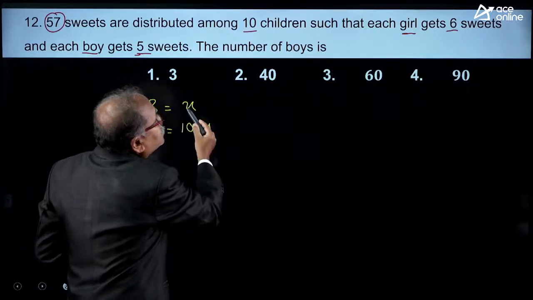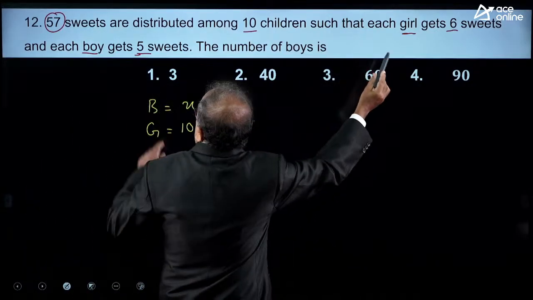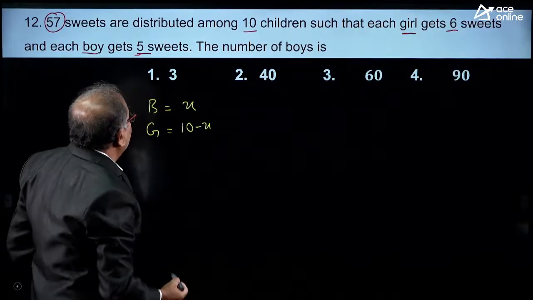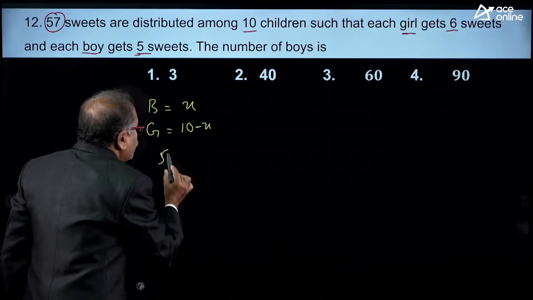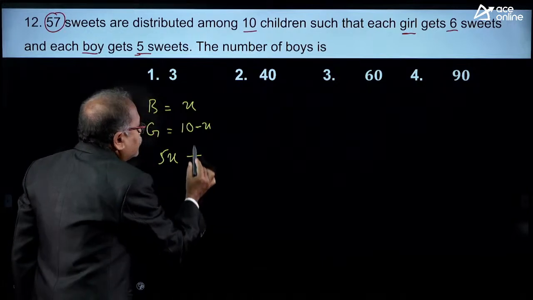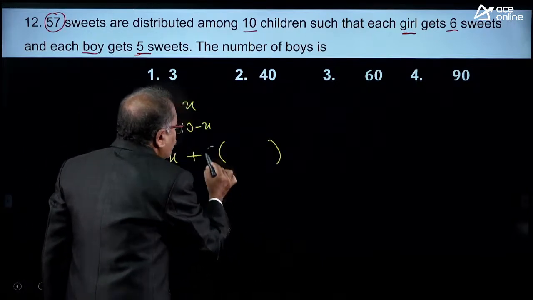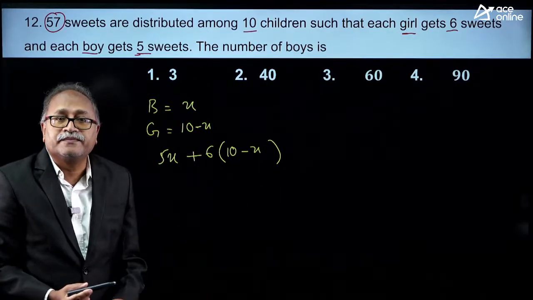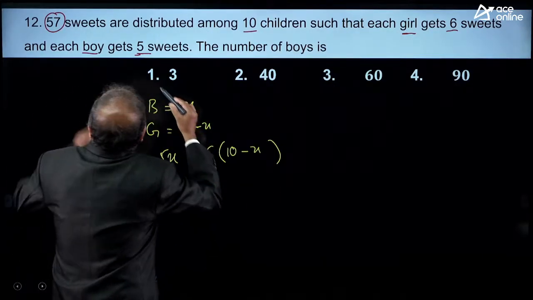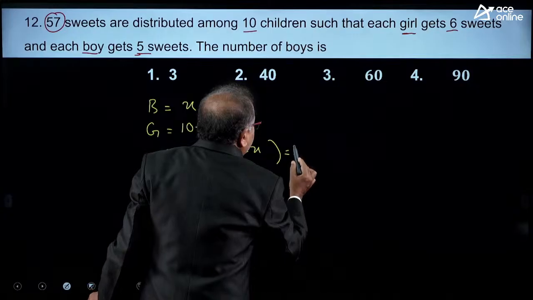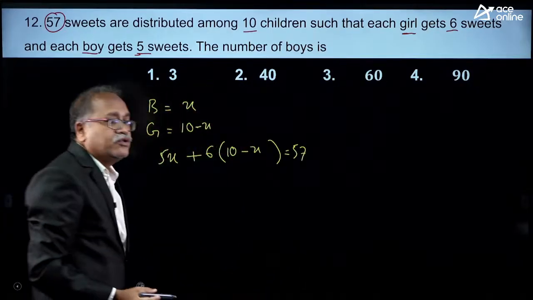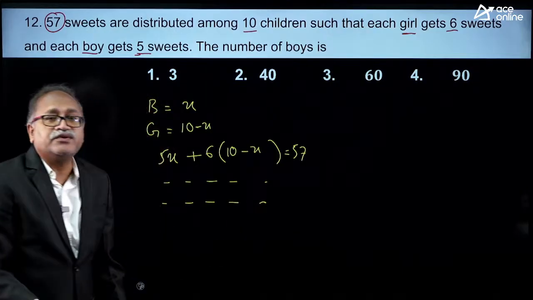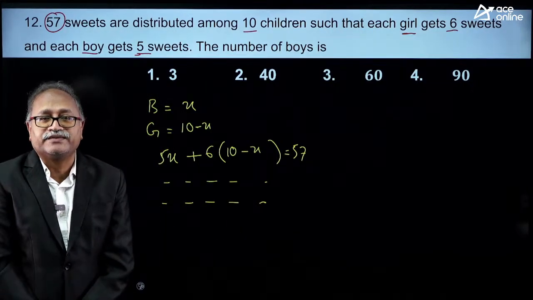Each boy gets 5, so the total is 5x, plus the girls get 6 each, so that is (10 minus x) into 6, and that total is 57 sweets. By solving this equation, I will get the x value, and this x value is nothing but the number of boys.